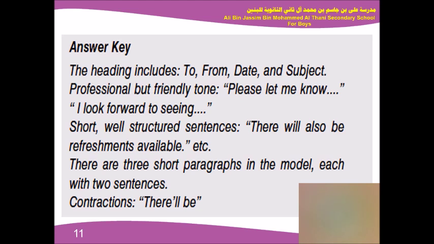Professional but friendly tone: Please let me know. I look forward to seeing. Short, well-structured sentences: There will also be refreshments available. There are 3 short paragraphs in the model, each with 2 sentences. Contractions: there will be.